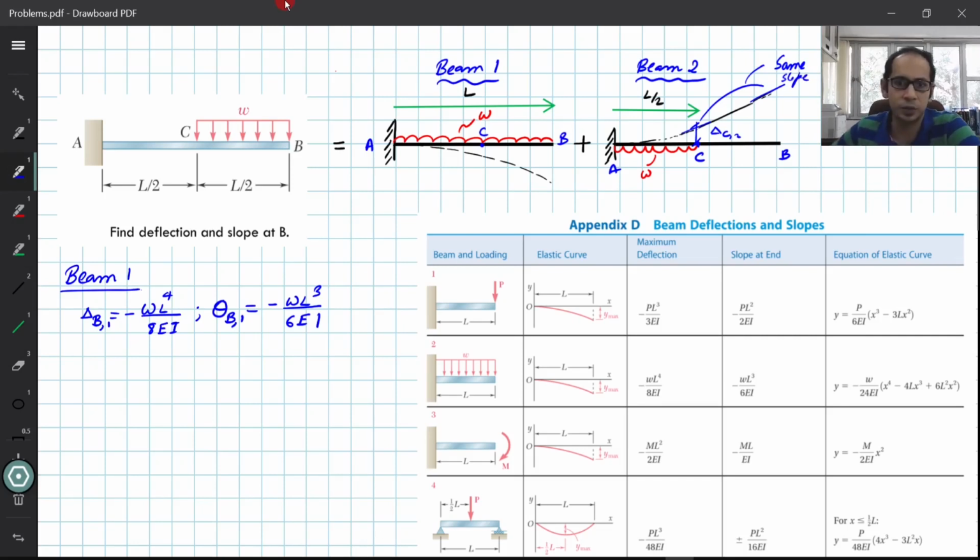Right? Yeah, it's clear. So same slope, and this slope at this particular point is theta C2. So let's write the expression. At this particular point C, what is my delta C2 and the theta C2 that I have over here? This is for beam 2.